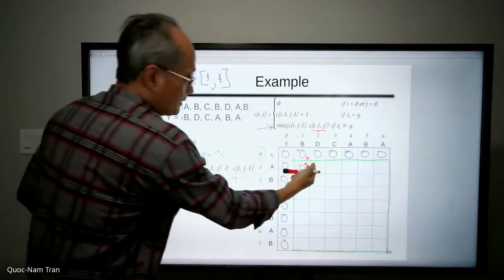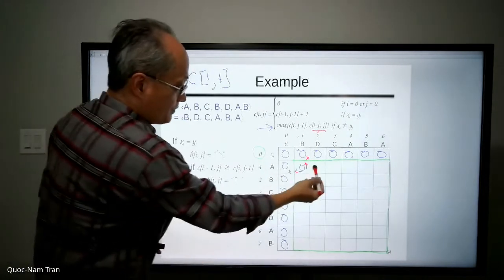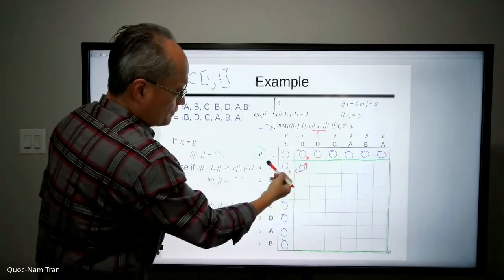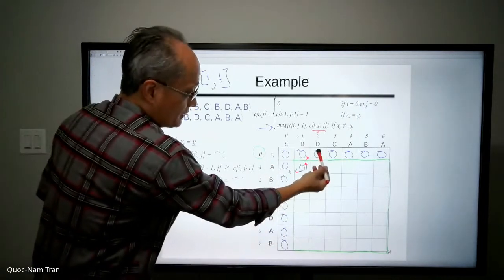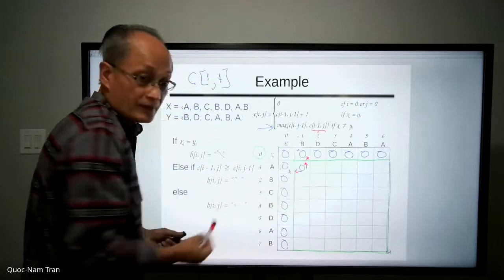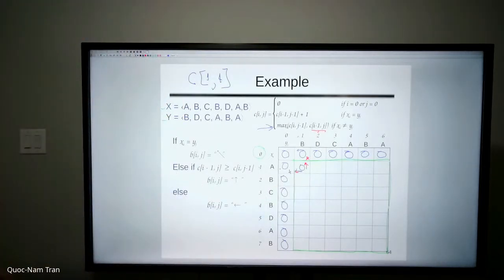From here, in a very similar manner, we compare the two letters. They are different. So we compare the value here and the value here, and take the bigger one, right? So I will simply copy this to the next cell.